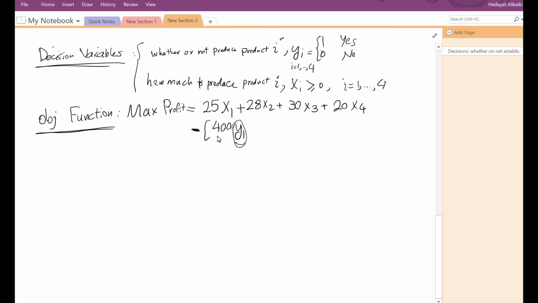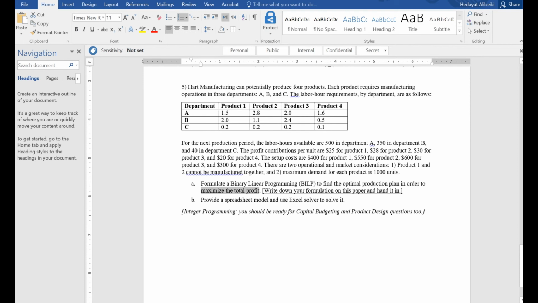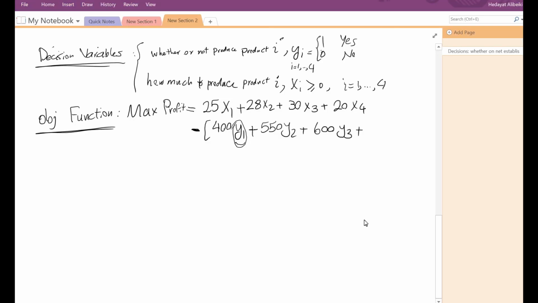But if it takes 1, we have to incur a $400 cost, plus 550 y2 plus 600 y3 plus 300 y4. So this is our objective function, and then we have a few constraints to satisfy. Constraints.